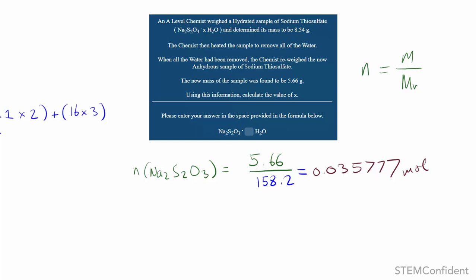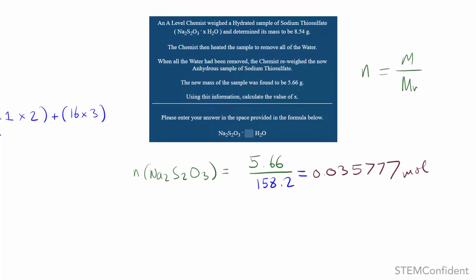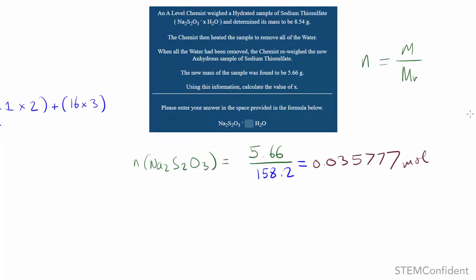Now, we also need to work out the number of moles of H2O, but if you look in the question, we're not explicitly given the mass of the H2O. What we do have is the two different masses, the hydrated mass and the anhydrous mass. So we can work out the mass of the H2O by subtracting the mass of the sample not containing H2O from the mass that does contain H2O, because the difference is made up by the H2O.